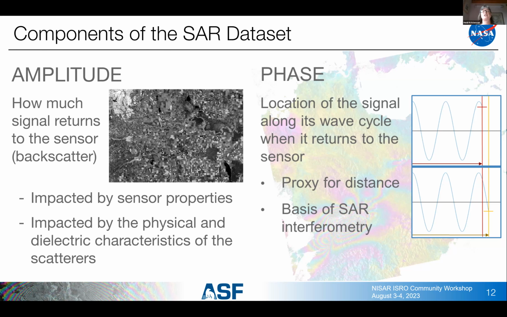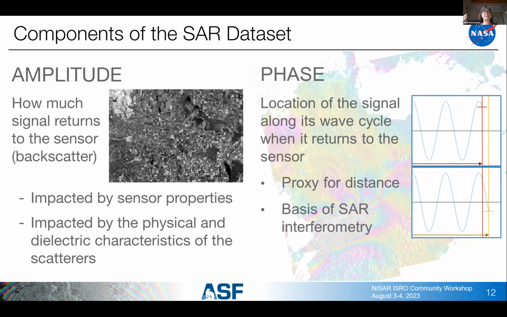And the phase is the location of the signal along its wave cycle when it returns to the sensor. This is the part of the data set that allows the amplitude to be mapped to that place on Earth. As I mentioned, it's all about the timing that it takes for the signal to come back to the sensor. So the phase is what allows us to map the amplitude to the Earth, but it also has a lot of useful information on its own.